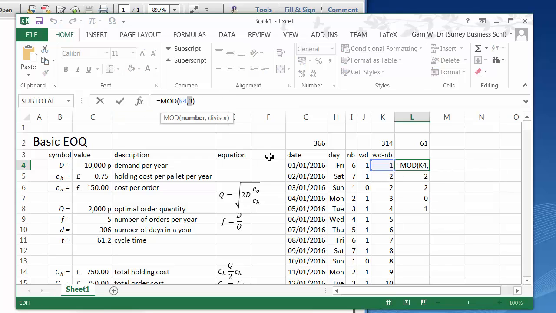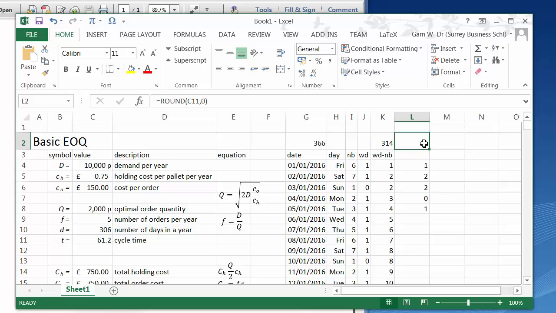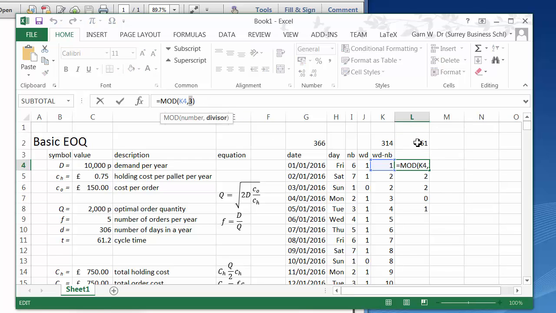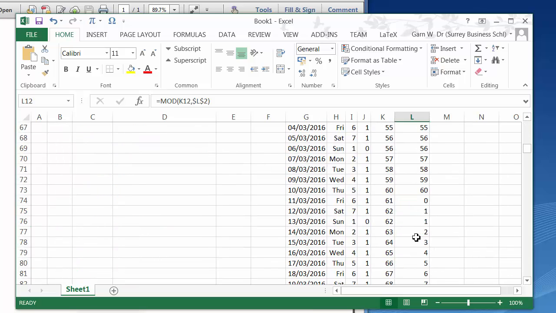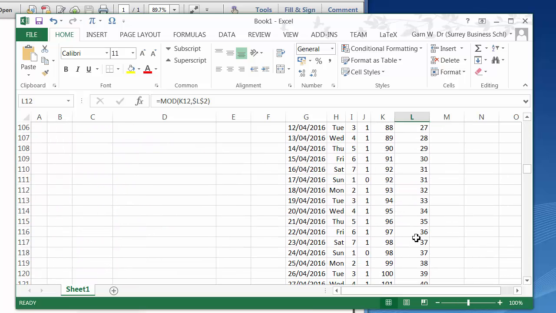So instead of the 3, I'm going to use now the 61. So let me replace that and make an absolute cell reference, fix it, and go all the way down through there. So let's check 61. I expect it to restart. So this is when I place my order.